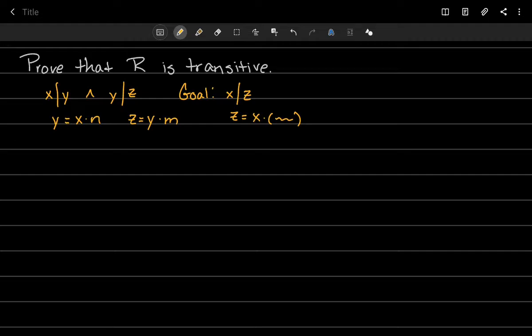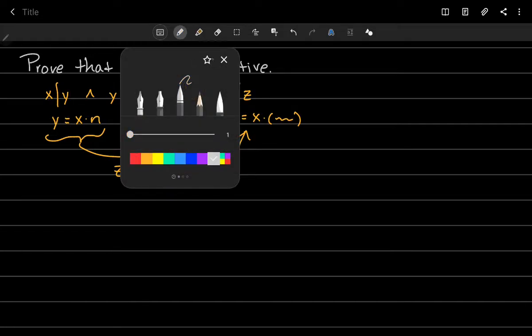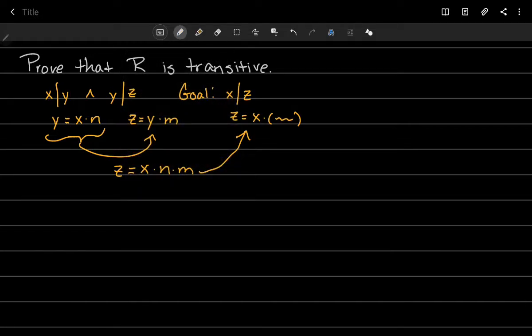Well, maybe you see it already, but I'm going to take what y equals and substitute it in here. So we get z equals x times n times m. And that is what we want. So now we can write up a formal proof that R is transitive.